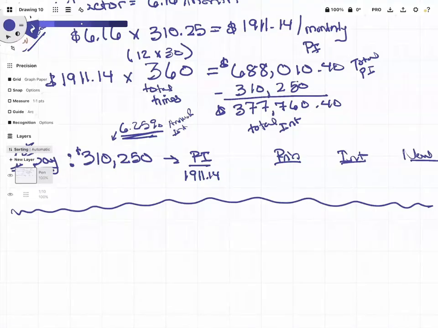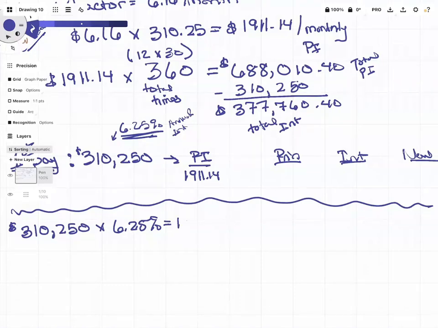Yes. And how would we do that? By multiplying the 310,250 with 6.25%. Yeah, so let's do that. 310,250 times 6.25%.